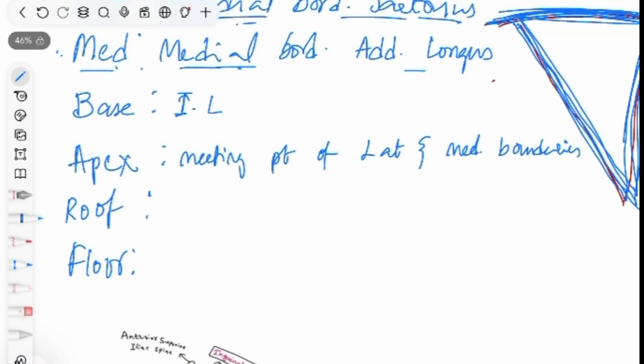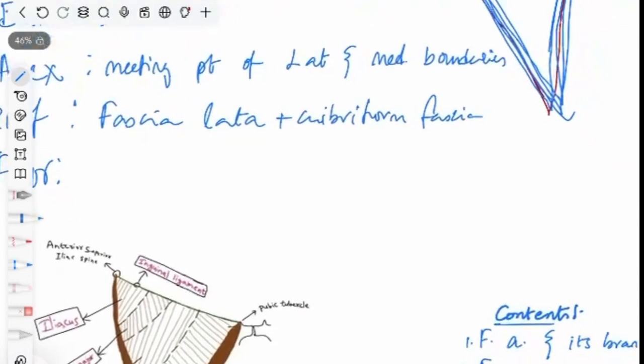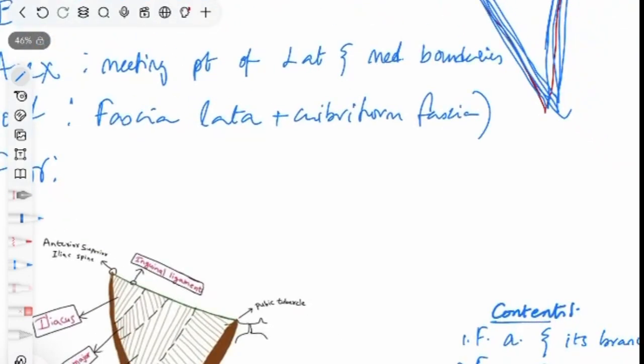Now coming to the roof, it is formed by fascia lata and also cribriform fascia. The roof is covered by superficial fascia and skin.